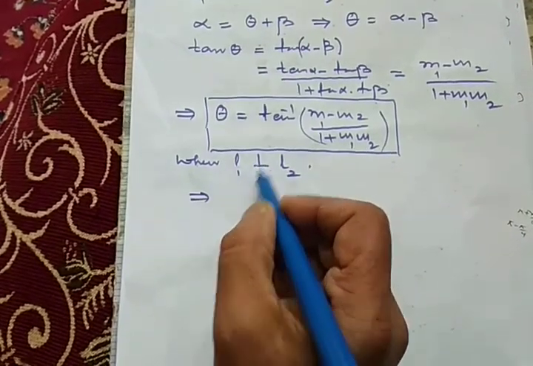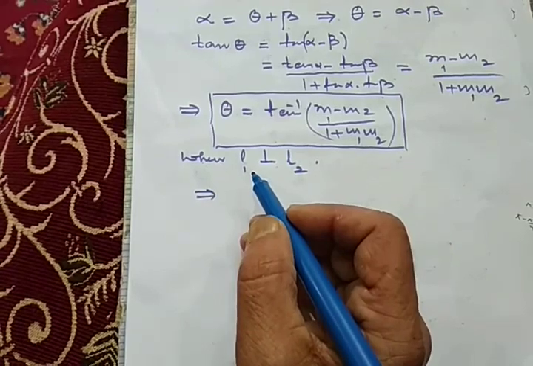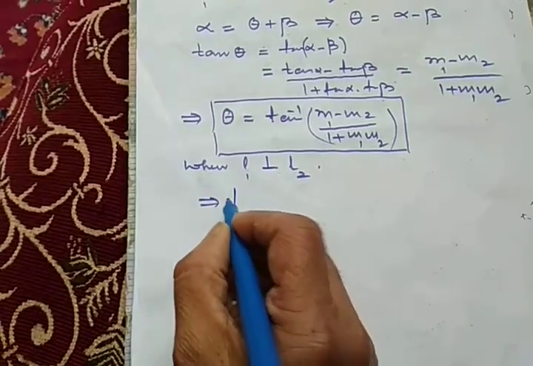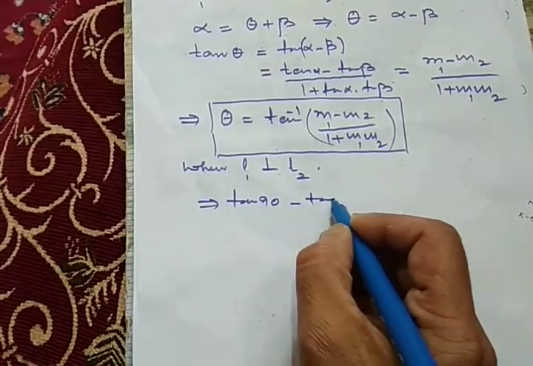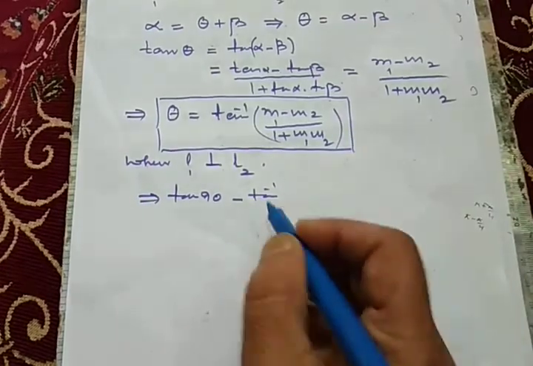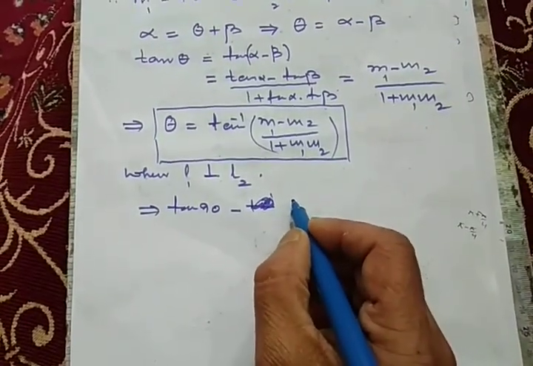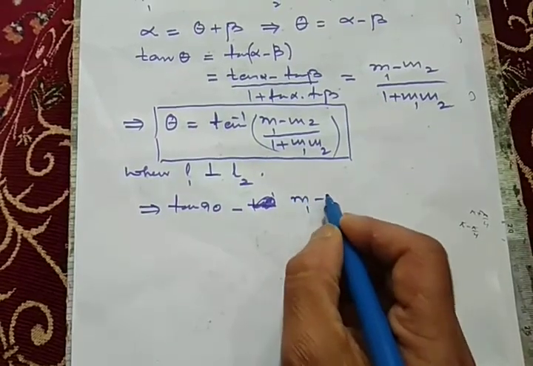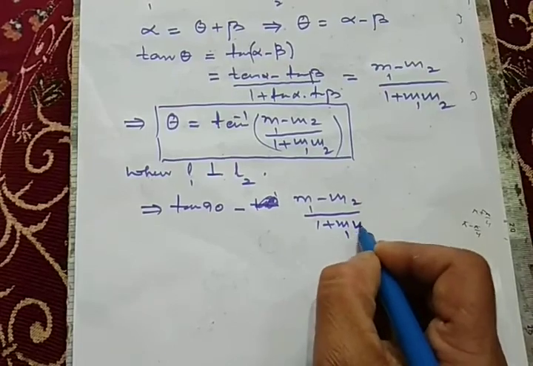In the perpendicular case, tangent of 90 degrees will be equal to M1 minus M2 divided by 1 plus M1 M2.